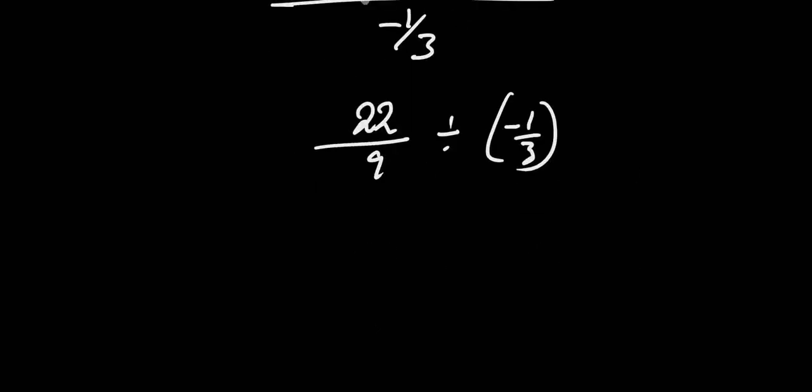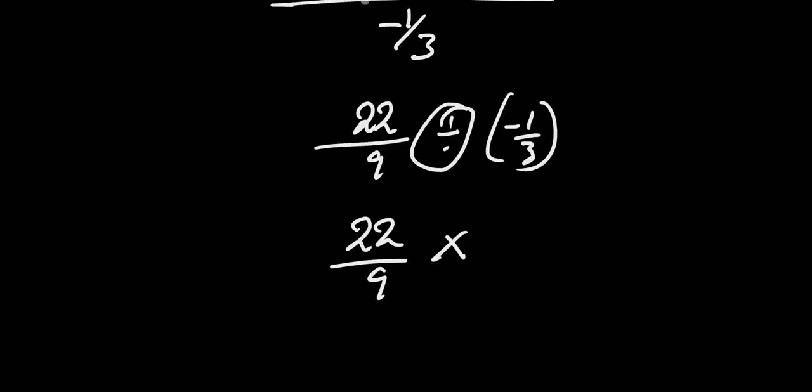And 22 over 9. So change this division sign to multiplication and take the reciprocal of -1/3, and that will become -3 over 1. And now 3 divided by 3 is 1. 9 divided by 3 is 3.